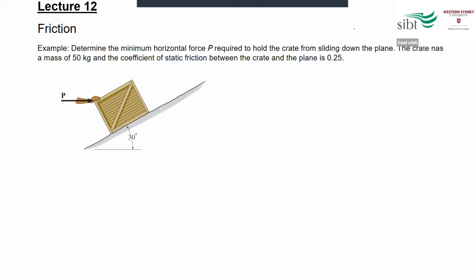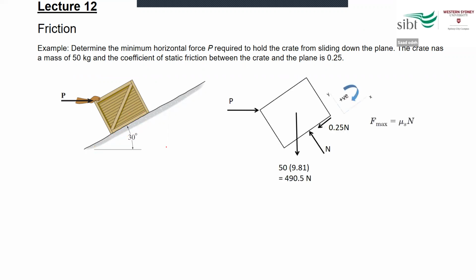So the coefficient of static friction must be known between the object and the surface. In this problem, we had an inclined surface, and we found the force P required to move the crate or the box along the surface.